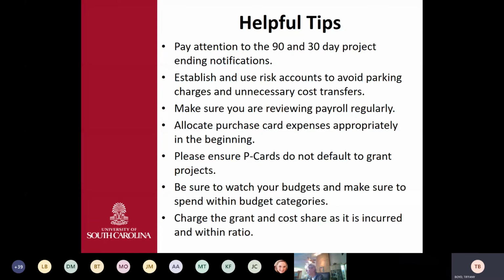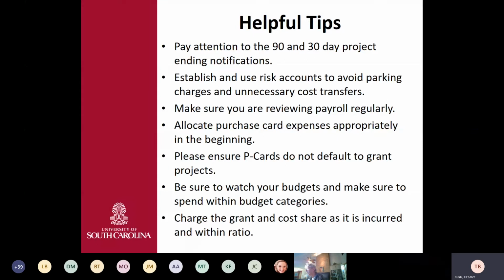So some helpful tips. Again, as I mentioned throughout the whole webinar, please pay attention to those 90 and 30-day project ending notifications. Those really are key. That's the point at which you can decide, do I need a risk account? Do I need to start requesting or engaging Sam and my PI for a no-cost extension because I have so much funding left?